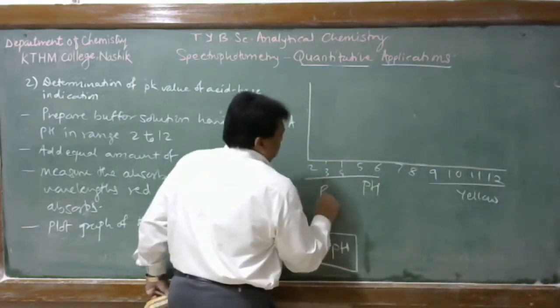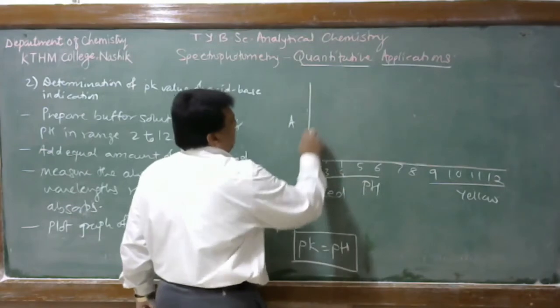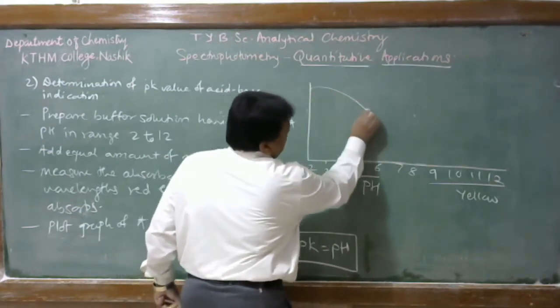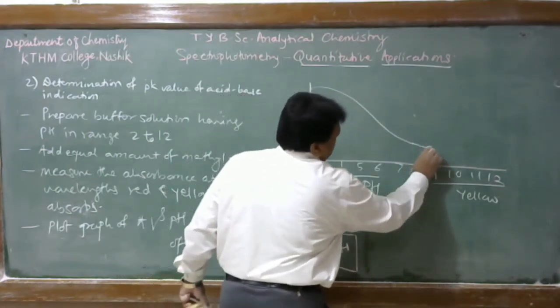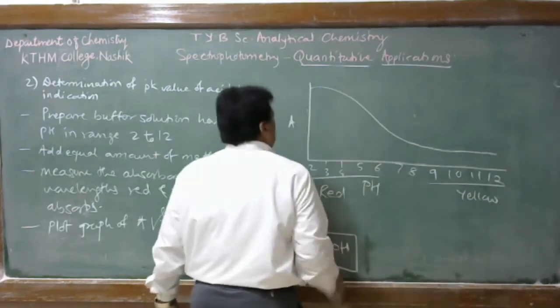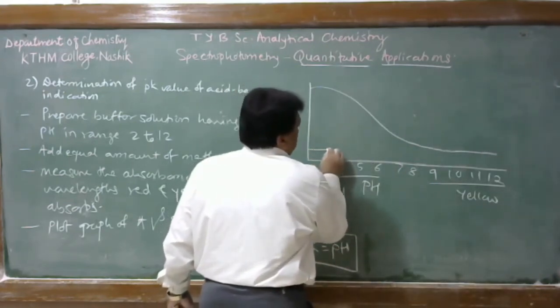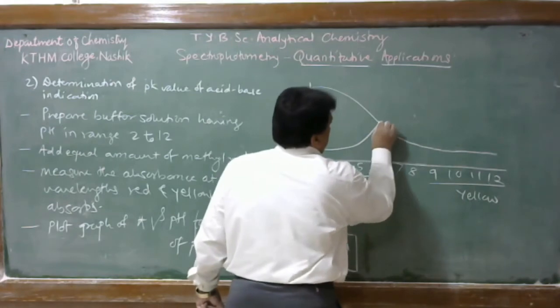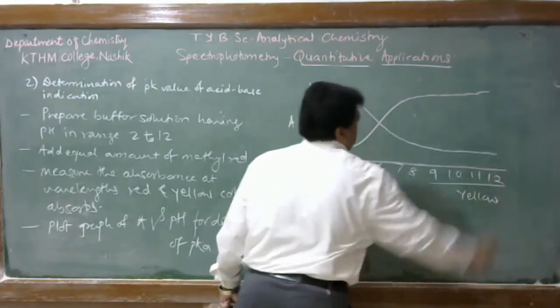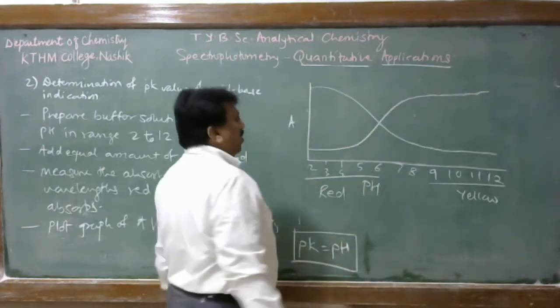The red color solution shows maximum absorbance at its own wavelength, so we have a graph in this way, and the yellow color solution shows maximum absorbance at its own wavelength.